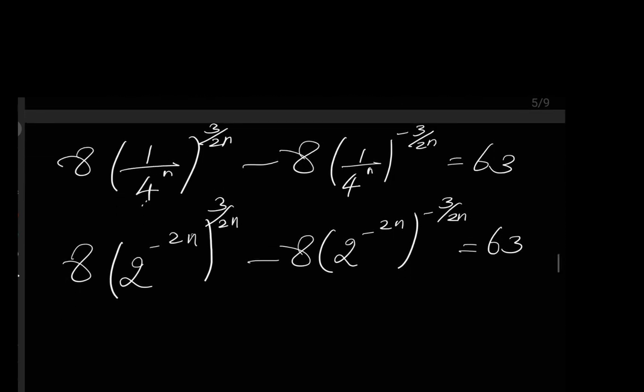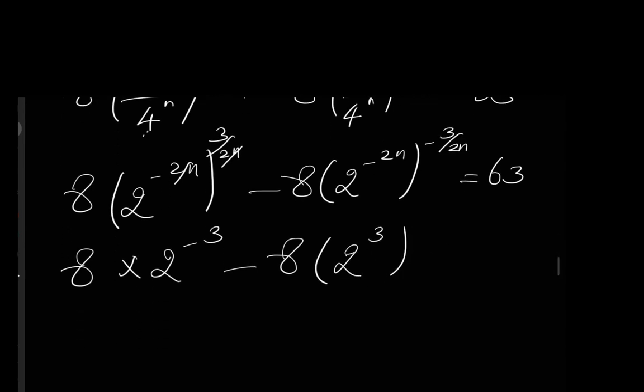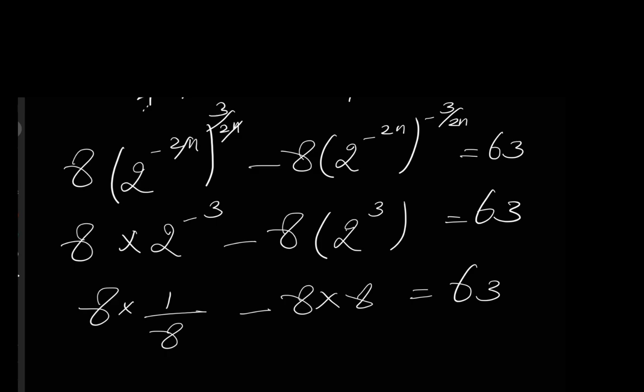So 2n cancels, 8 into 2 to the power of minus 3, minus 8 into 2 power 3, is equal to 63. So 8 into 1 by 8 minus 8 into 8 is equal to 63.